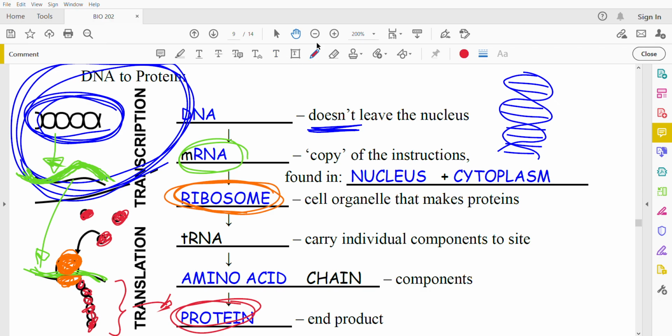We'll discuss more about the concepts of transcription and translation later on in this course, but at this point I do want you to know what stays within the nucleus and what does not.